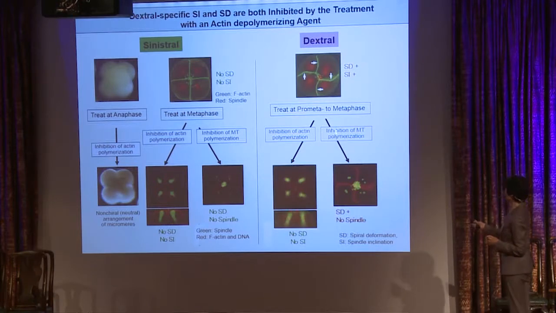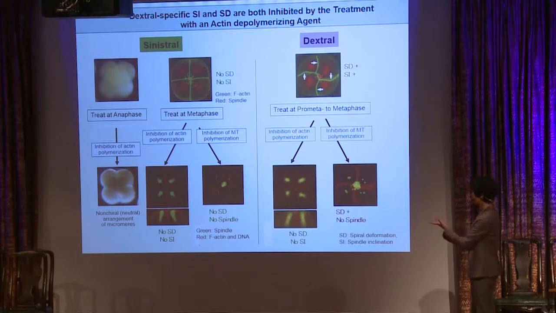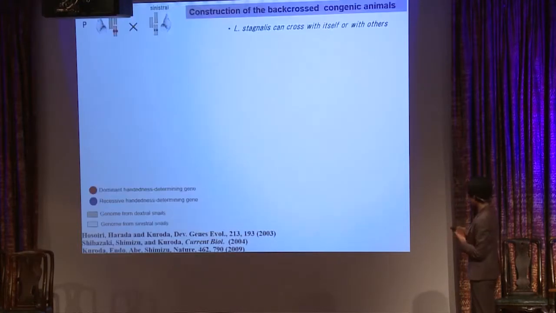If you inhibit microtubule polymerization with nocodazole, for example, of course there's no spindle, but you can have a substantial spiral deformation. And of course there's no SDSI, so you won't see any difference. So we can see actin is important for handedness determination.